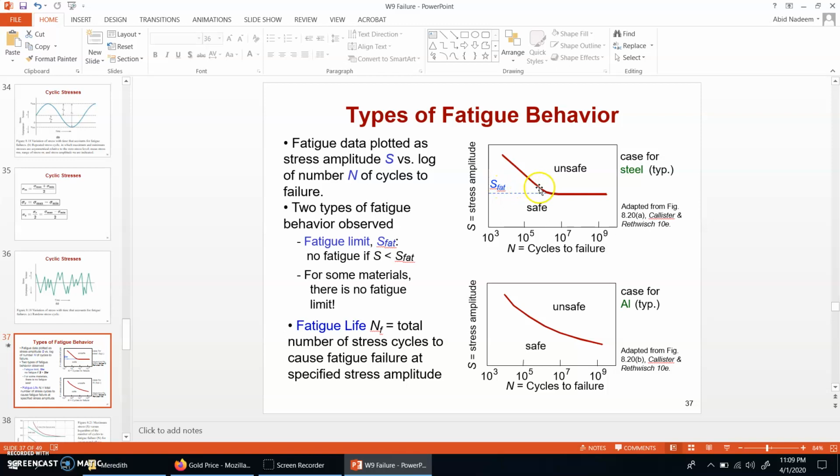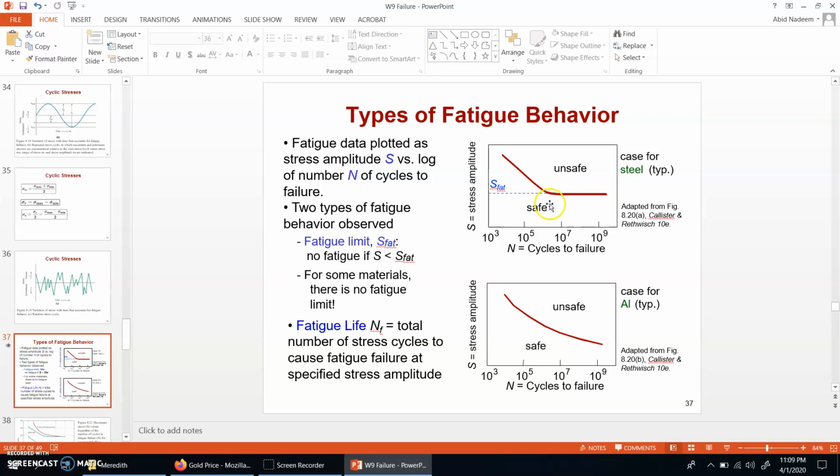the number of cycles needed for the sample to fail will increase. Okay, so this kind of behavior is observed. It is obvious that as the magnitude of the stress is decreasing, it will take more cycles to fail.